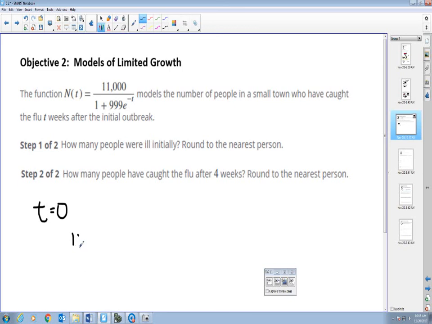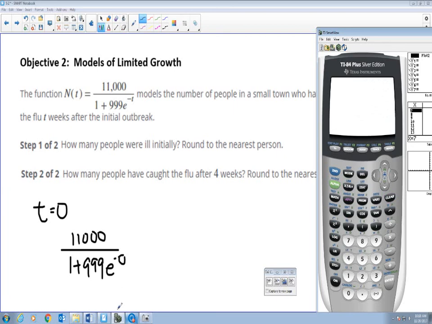That will give me 11,000 over 1 plus 999 times e to the -0 power. -0 is just 0. So I'm going to do this in pieces, okay?